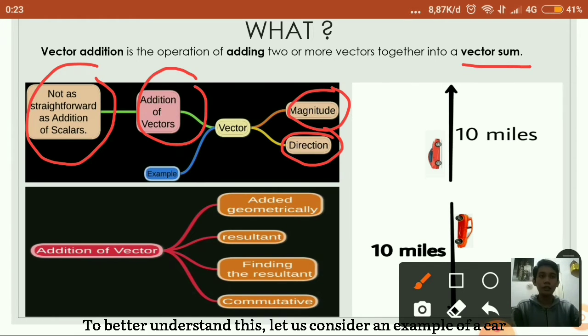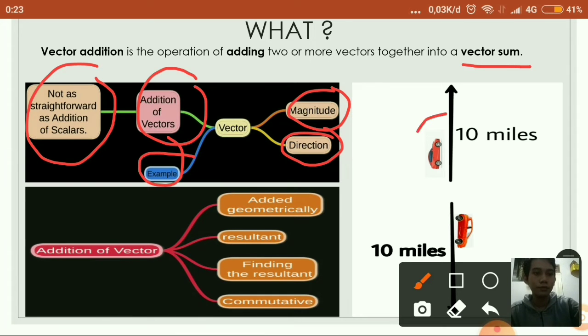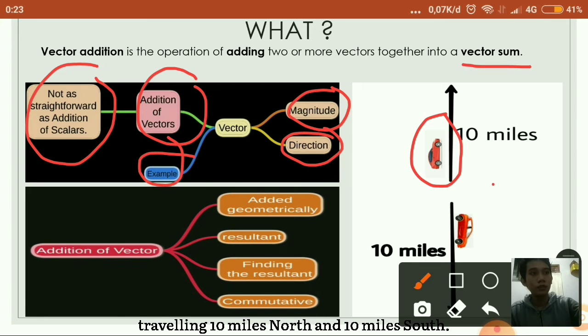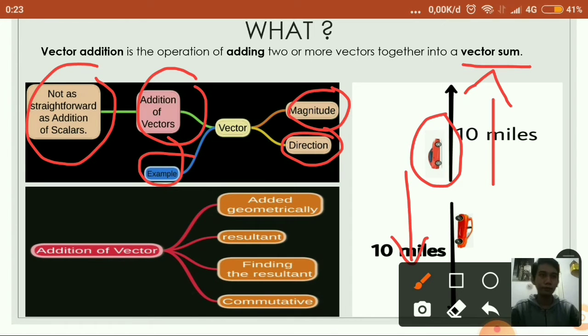To better understand this, let us consider an example of a car traveling 10 miles to the north and 10 miles to the south.